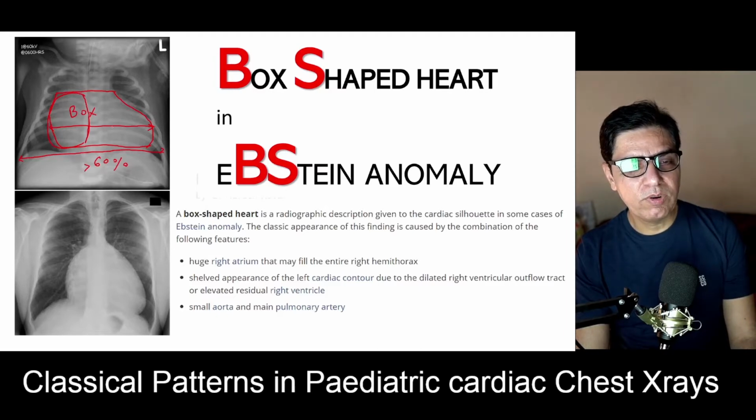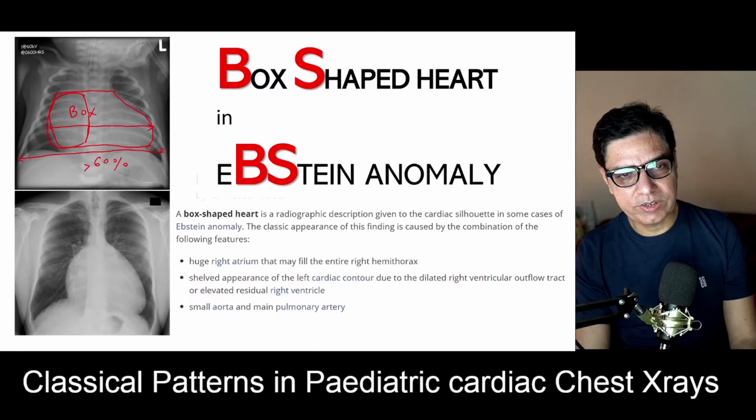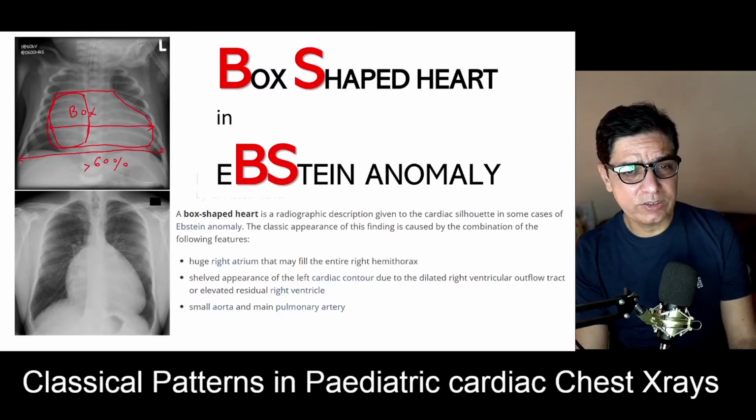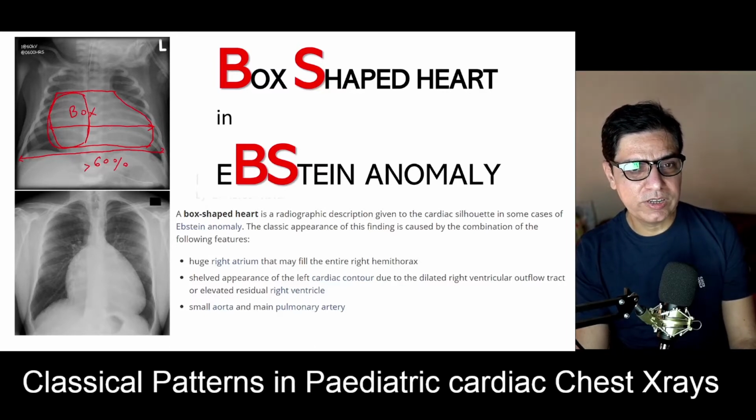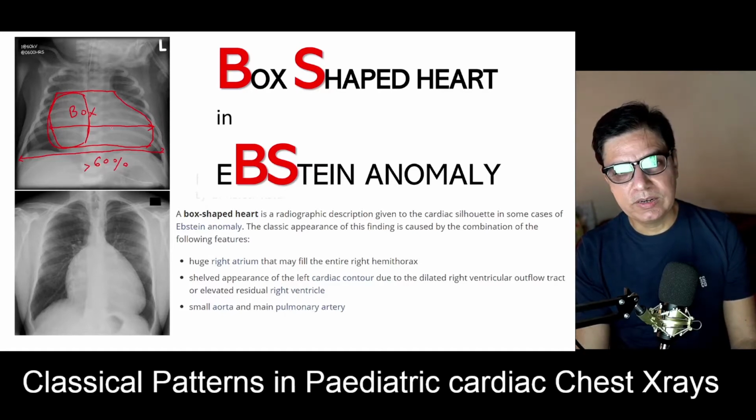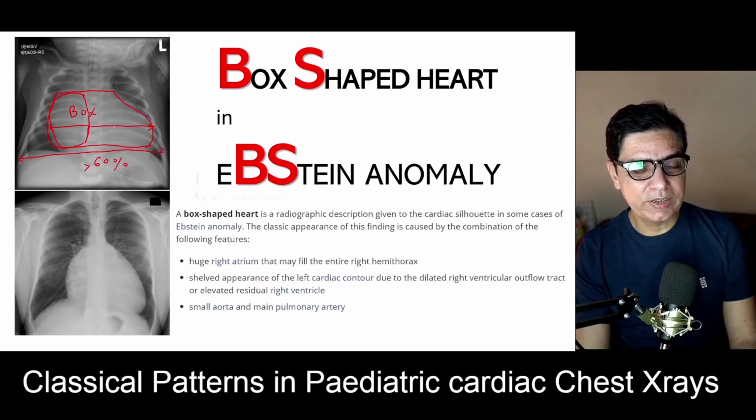So there is some form of shunting at the level of the atria. The right atrium, which is getting a lot of blood, would shunt the blood from the right side to the left side into the left atrium and then into the left ventricle. So the left ventricle has to do a lot of work, taking its own blood as well as the blood coming from the right atrium. It would dilate, and not only dilate, get hypertrophic. So you will get a left ventricular hypertrophy pattern on ECG.